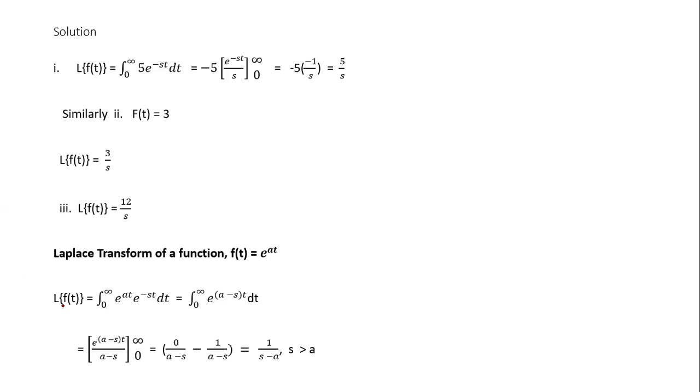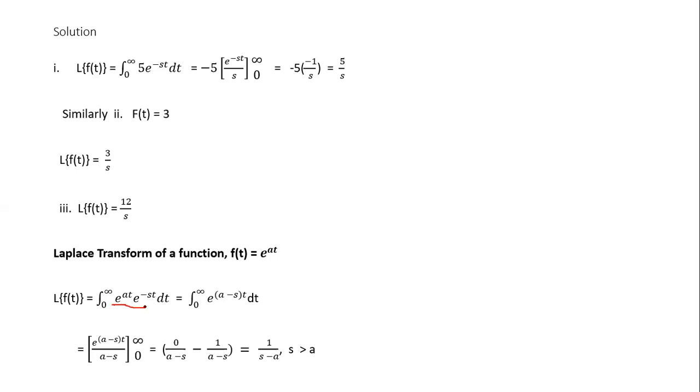Now to transform it, Laplace of f of t equals the integral from 0 to infinity of, now this is our f of t, so exponential at, now multiplied by exponential negative st dt.